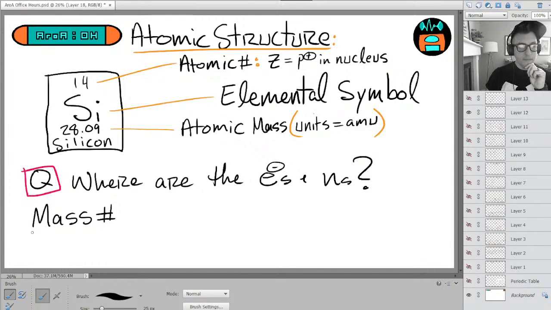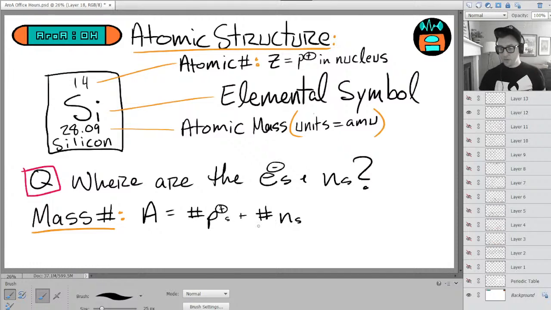All right, the mass number, which is abbreviated with a capital A, is equal to the sum of the protons in the nucleus plus the number of neutrons in the nucleus. That is the mass number, and you'll notice the mass number is nowhere on the periodic table.